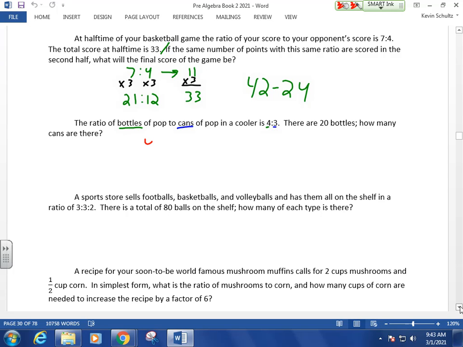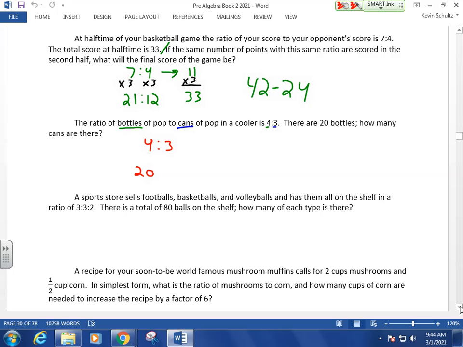We have a ratio of 4-3. 4 represents the bottles. But this time we aren't given the grand total. We're given the total number of bottles, 20. How can we use that information to determine how many cans there are?